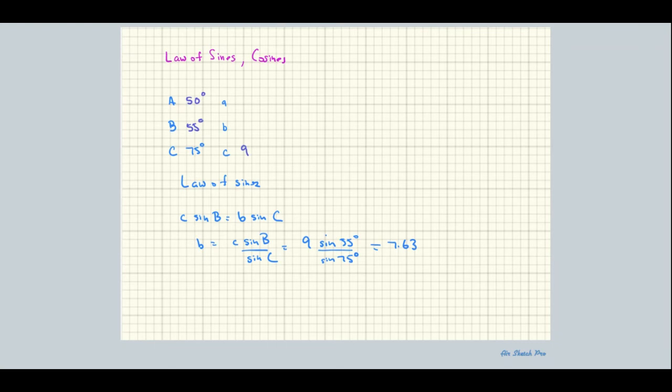And now we're going to do the same thing for A, right? And so we're going to see A sine 75 degrees equals 9 sine 50 degrees. I'm breaking my rule, but it doesn't matter that much.